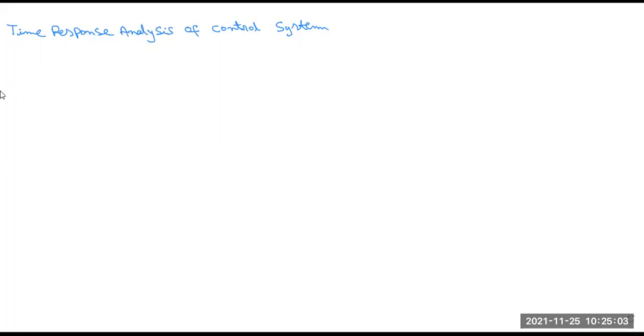So first we have to know the definition of time response analysis of any control system. It means how a system behaves.